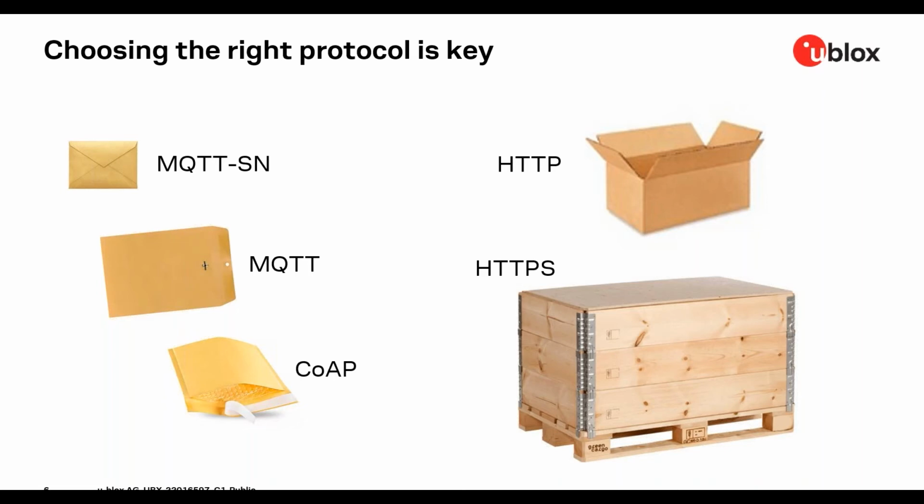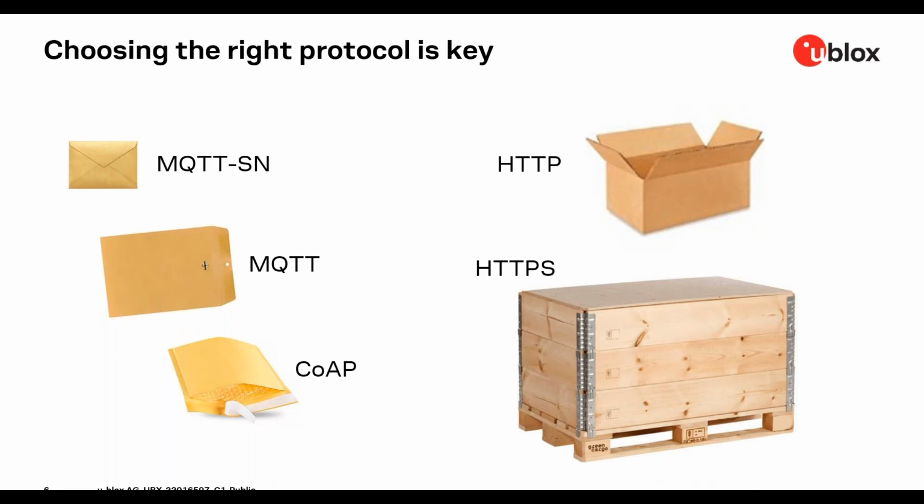CoAP might be represented by a bubble wrap envelope. And over on the right, other protocols such as HTTP feel more like a cardboard box that you're shipping your package in. And then adding a security layer there feels like a big cardboard palletized box, very, very heavy.